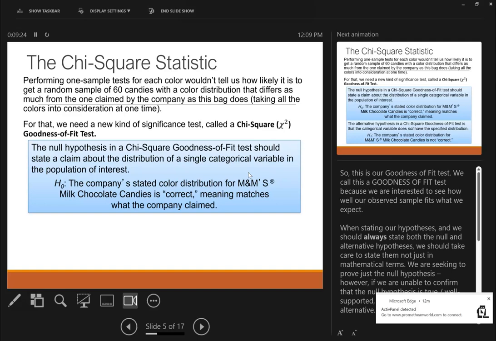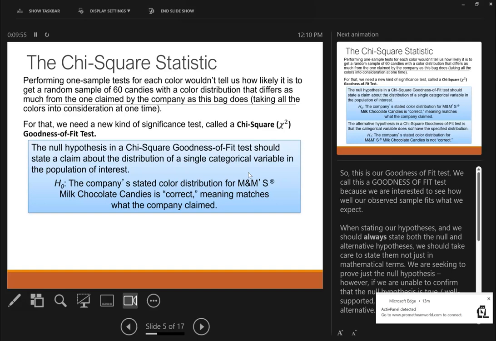So just like the t-test, we start with a null hypothesis. The null hypothesis is that your sample is a good fit to the known distribution, the advertised probabilities. So in our case, that the color distribution for M&Ms is correct, i.e. that it matches the company's distribution, and we put matches and correct in quotation marks because we don't really specify what that means.